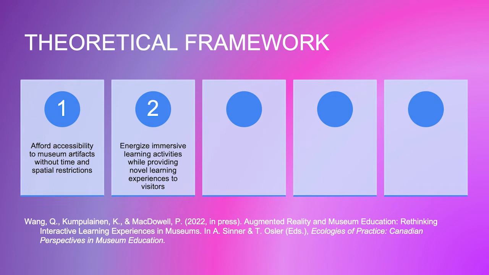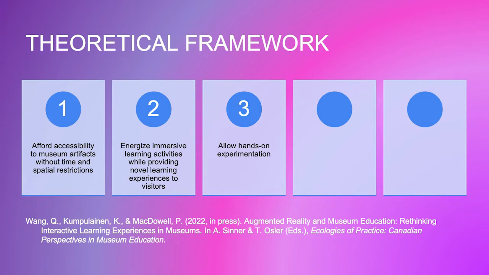Second, AR energizes immersive learning activities while providing novel learning experiences to visitors. Third, AR allows hands-on experimentation. Fourth, AR develops curiosity through visualizing invisible concepts. Fifth, AR fosters active engagement.